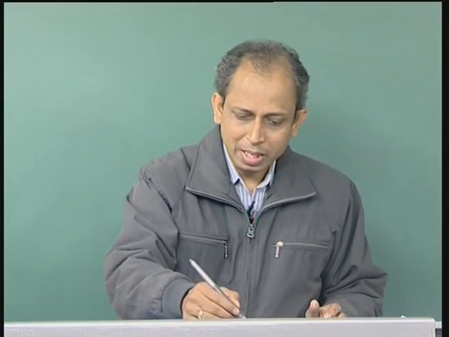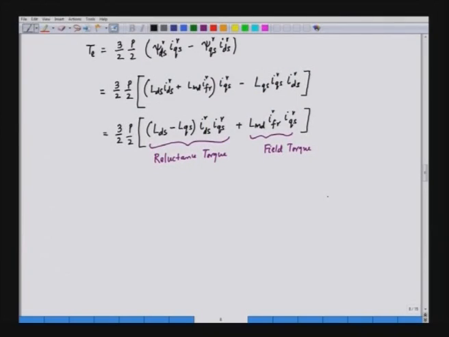In the phasor diagram, what we saw there is that we have the field current, and this is the d axis, and we have the q axis, and we have the current.